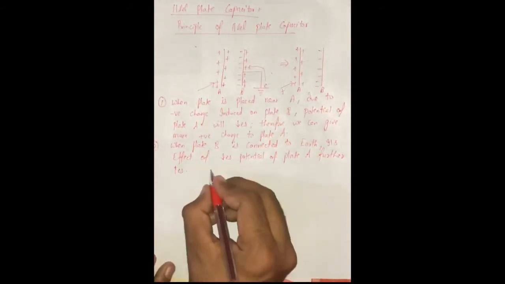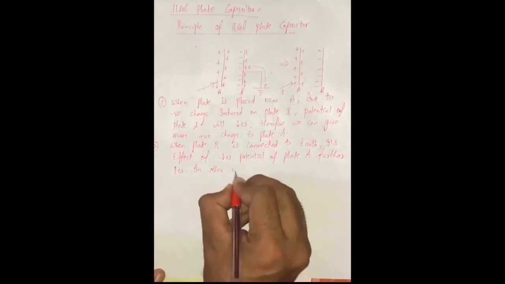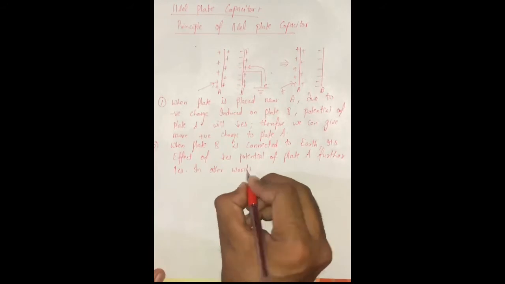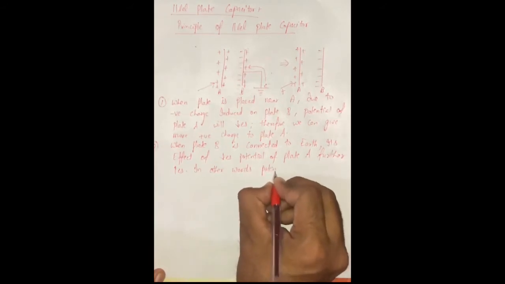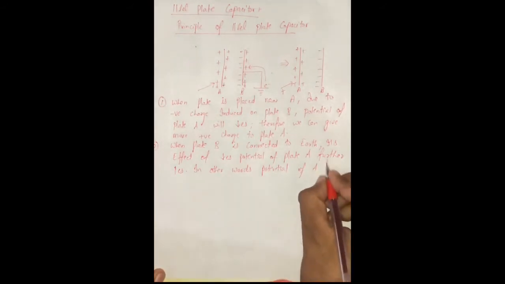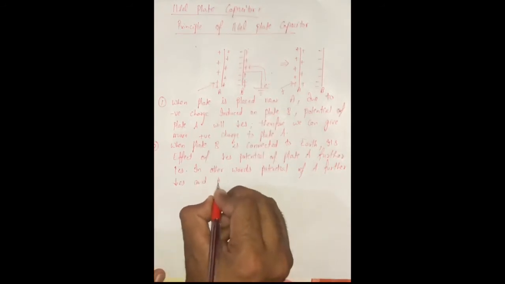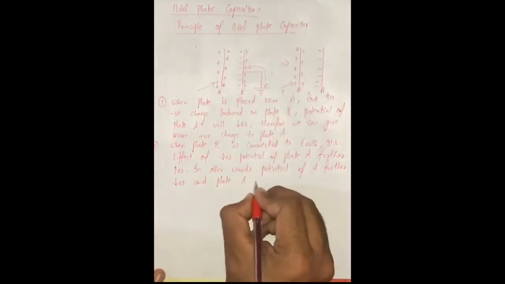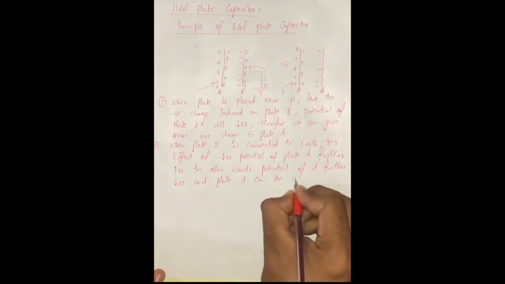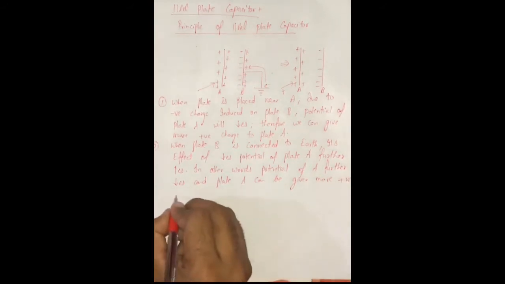In other words, potential of A further decreases and plate A can be given more positive charge.